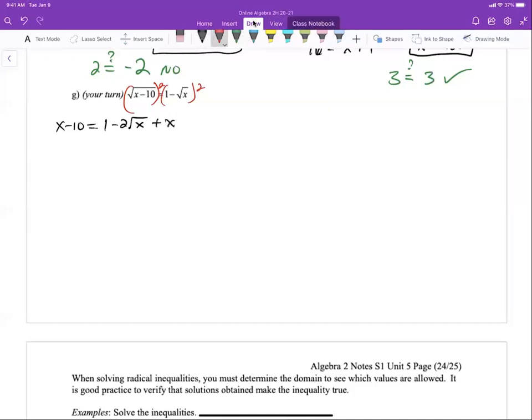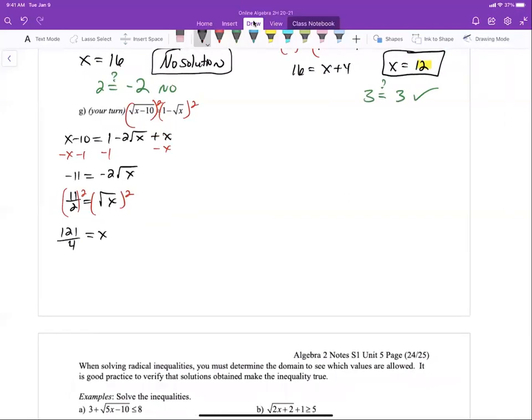I will then simplify by subtracting 1 and x from both sides, and I get negative 11 is equal to negative 2 times the square root of x. Okay, divide both sides by negative 2, and I get 11 over 2 is equal to the square root of x. Square both sides to get rid of the radical, and I find that x is equal to 121 over 4.